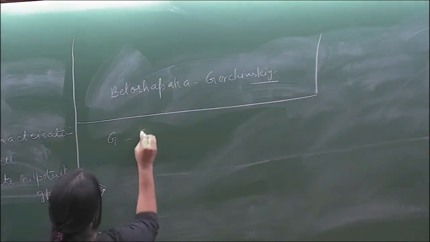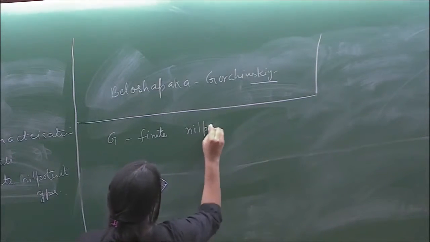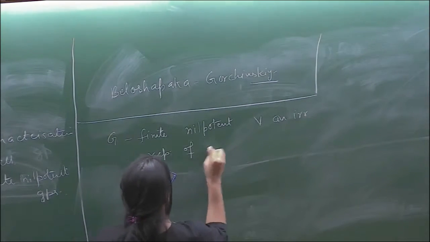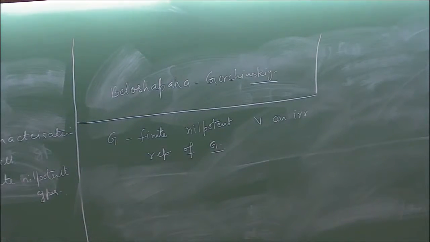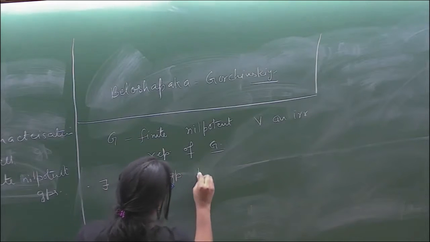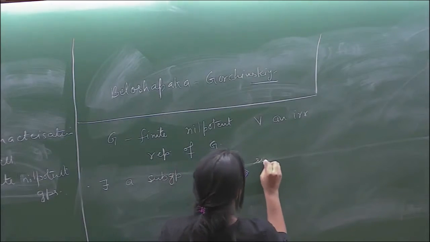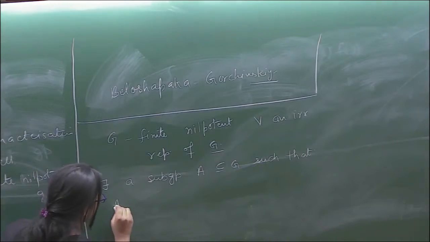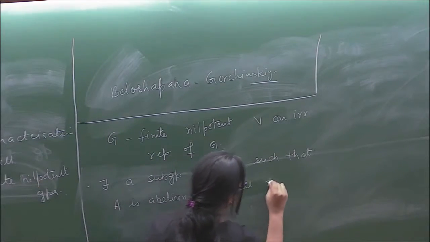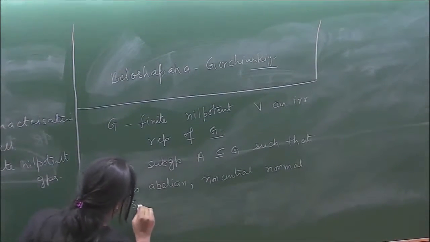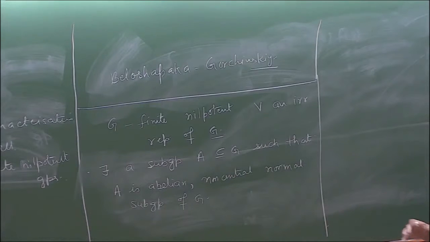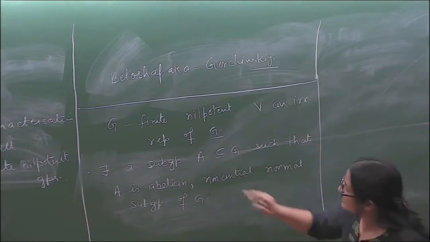So let's say G is finite nilpotent, and V an irreducible representation of G. Because G is nilpotent, there exists a subgroup A of G such that A is an abelian, non-central, normal subgroup of G. This follows because G is nilpotent, so I can look at the lower central series and get this subgroup A.